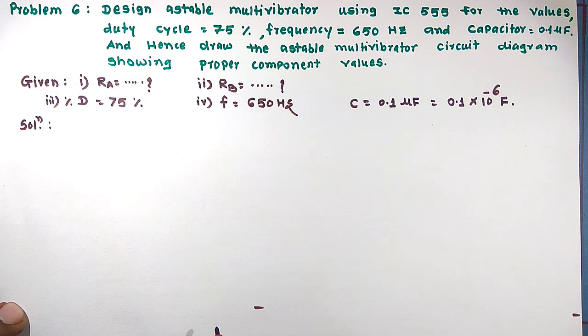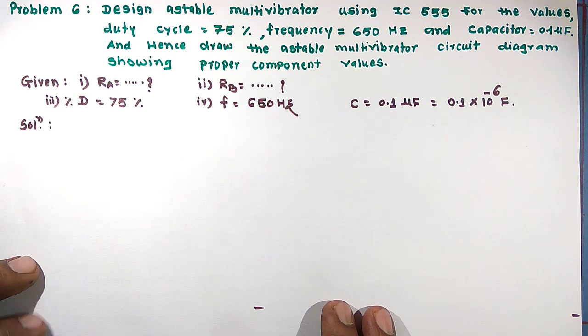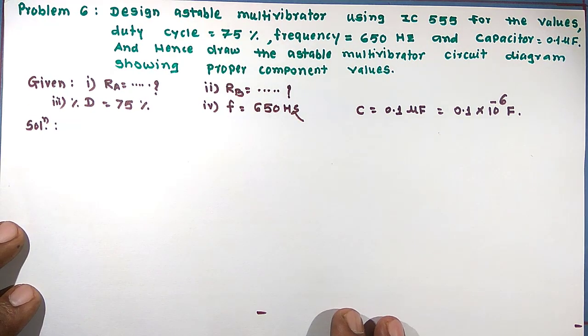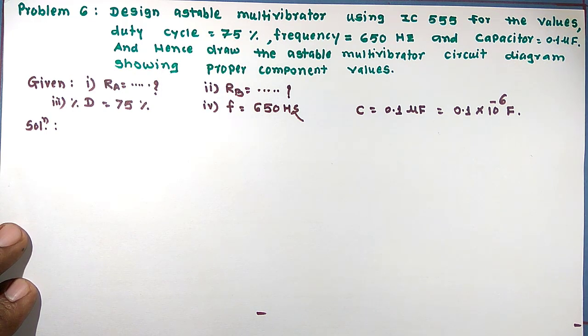Now in solution we have to use two formulas. One formula for duty cycle and another formula for the period of wave, output wave, or the frequency of the output waveform.